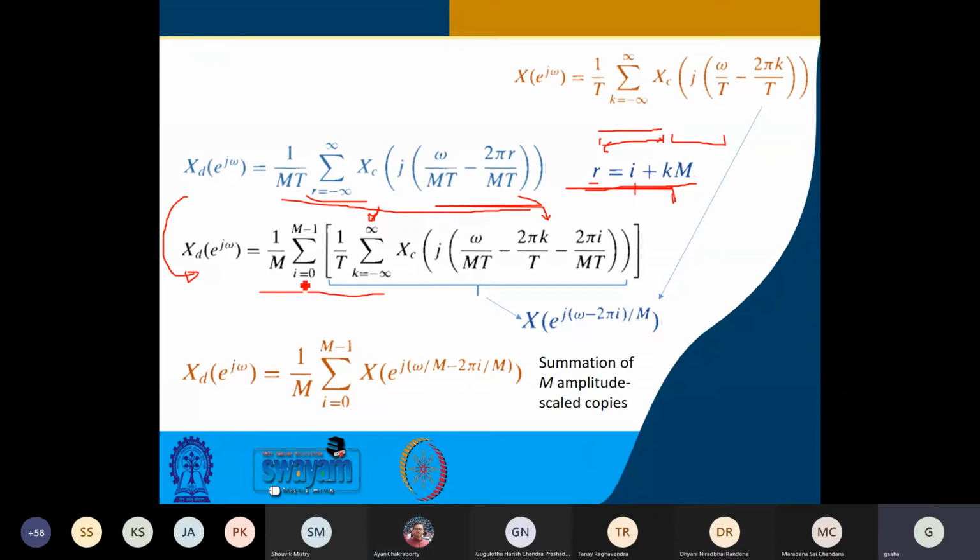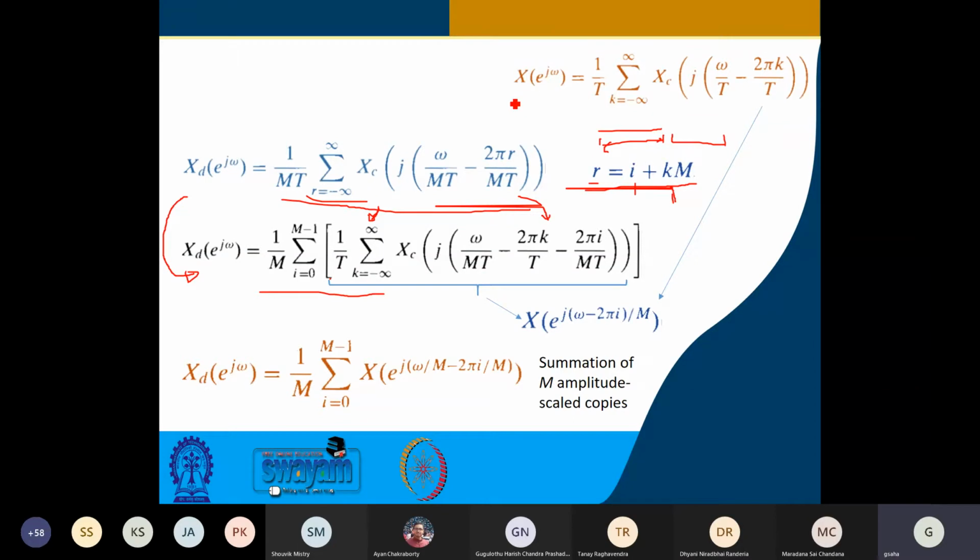Now, this is a double summation. Within this, we have a summation, the one under the second bracket that we have seen. Does it look familiar? This relationship, 1 upon T x c of j omega by M T minus 2 pi k by T minus 2 pi i by M T. The variable may be different, but some such relationship, you have seen it before.